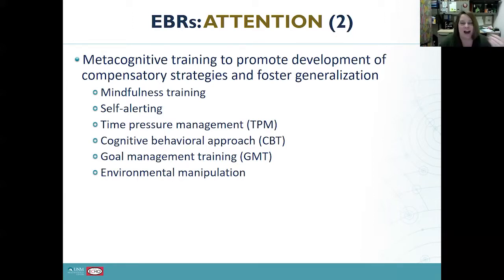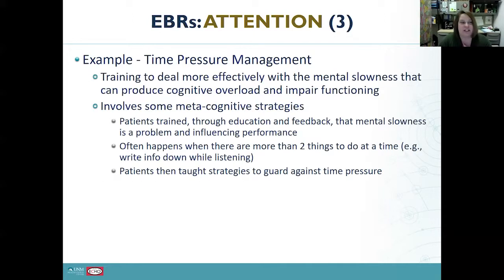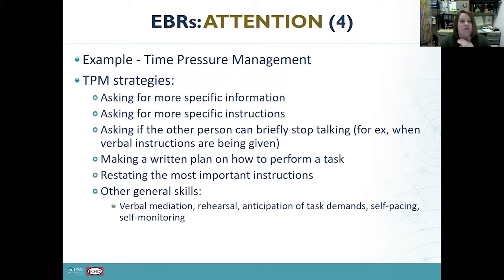So again, a lot of metacognitive strategies with this. And on the next slide, I give some examples. Some of the strategies too are asking for more specific information, asking for more specific instructions, advocating for themselves. So if they actually need some quiet, if they need someone to stop talking for a minute, making a written plan for how to complete the task, restating again the gist or the most important instructions.